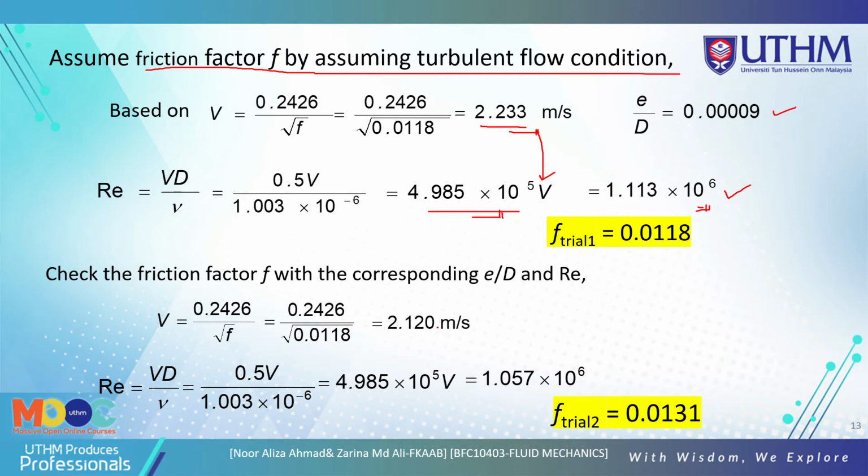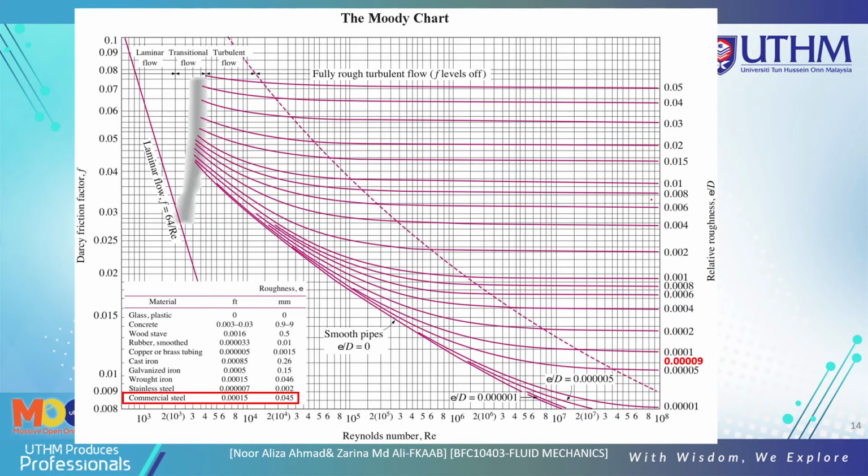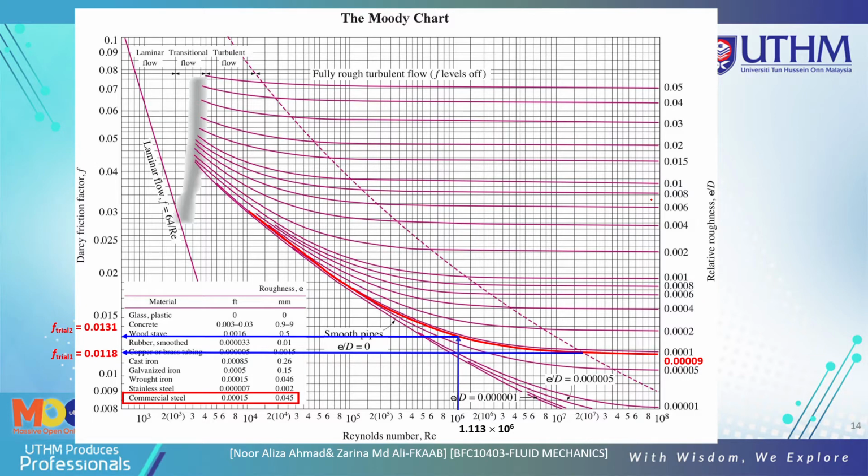You get 2.120. Then you put the velocity back into the Reynolds number based on the V here, and you get 1.057 times 10 to the power 6. So using the f trial of 0.0118, you get the value of the Reynolds number, in the smooth pipes region.